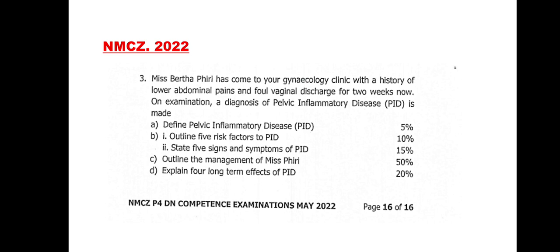How about point number 2? The other point is having unprotected sexual intercourse. So how does unprotected sexual intercourse cause PID? Contraceptive measures like barrier protection, in the case of using a condom, reduce the chances of someone directly exposing themselves to STIs.